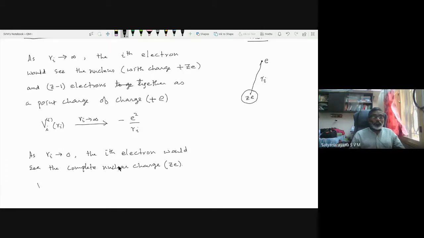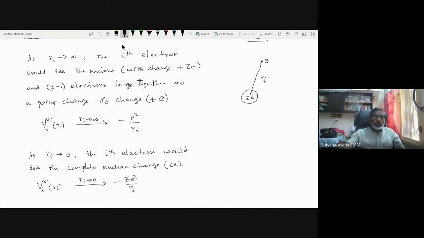Then what you can say is that this Vc of Ri, as Ri goes to 0, should go like minus Ze square by R. Now what happens for any finite value of R? For any finite value of R, it has to be something between these two.